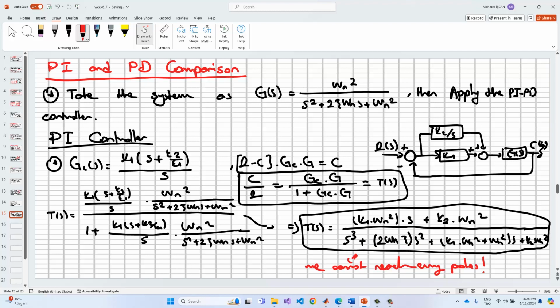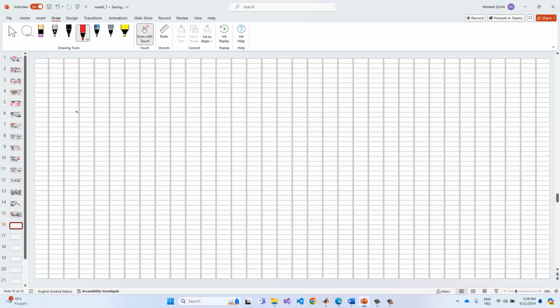And so, for the PI results, we can write that. Just see, in the PI, we have this kind of transfer function, just like this one, omega_n squared. Okay?